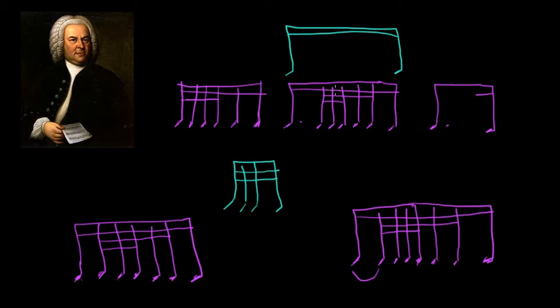How about this? Now we're learning a new note, because these have 1, 2, 3, 4 flags. Those are 64th notes. Believe it or not, since there's 2 32nd notes in every 16th note, there's 4 64th notes in every 16th note.